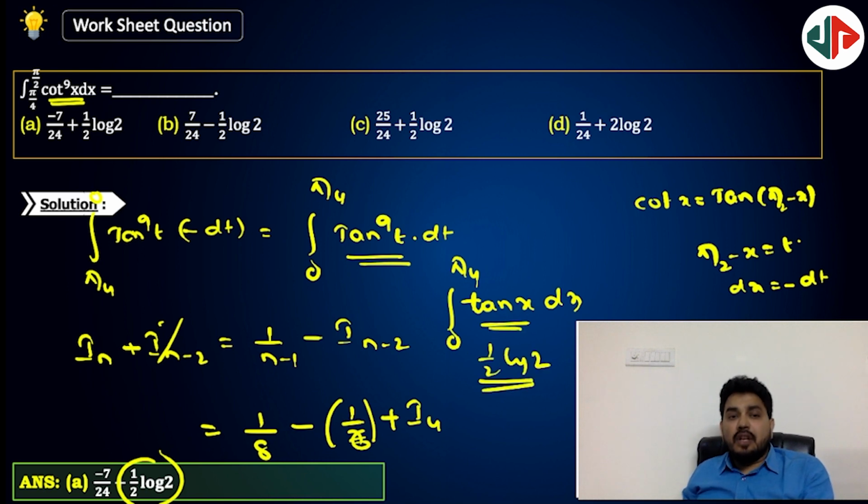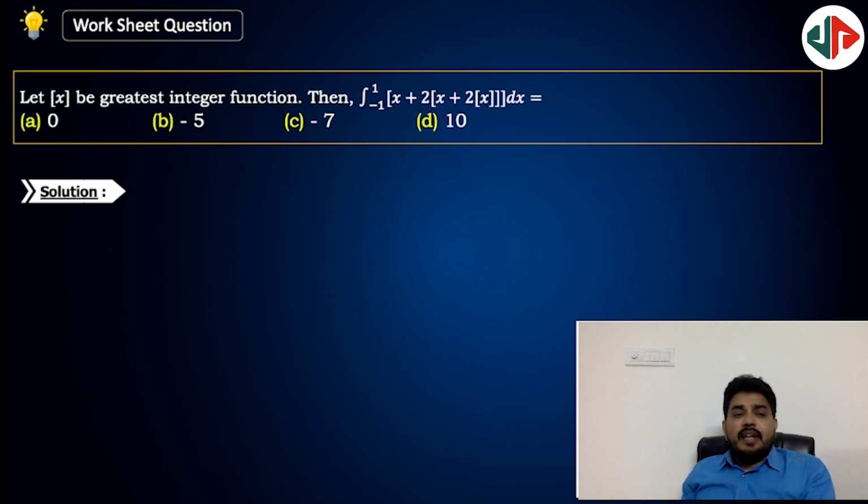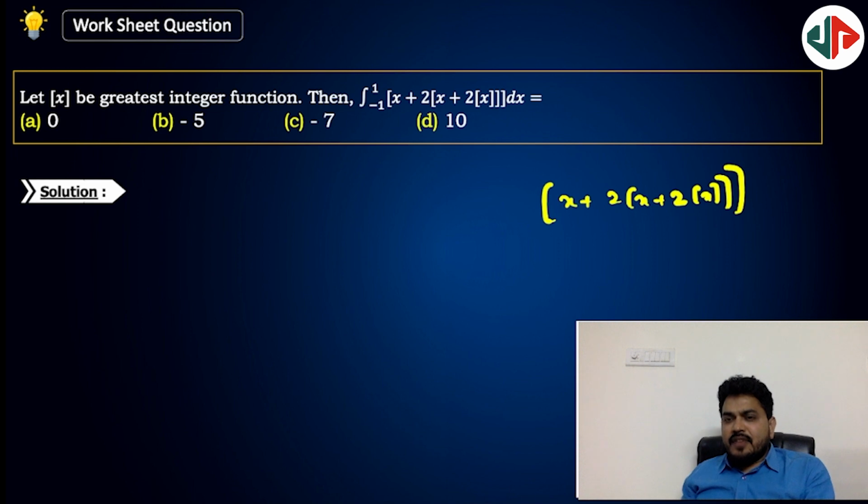1 by 2 log 2. Next question is, if step x is the greatest integer function, then look at here, step of x plus 2 times step of x plus 2x. See, first of all, step of x plus n, if n is an integer, this value will be step x plus n.